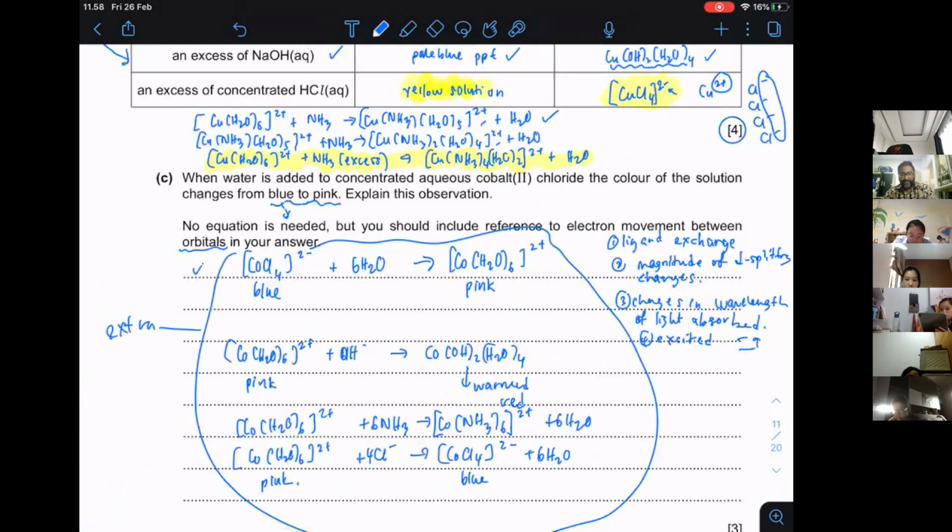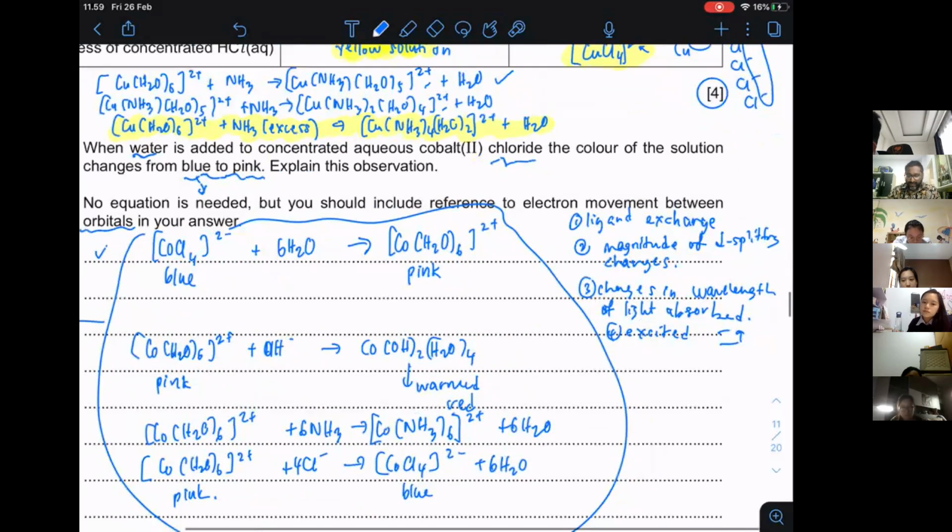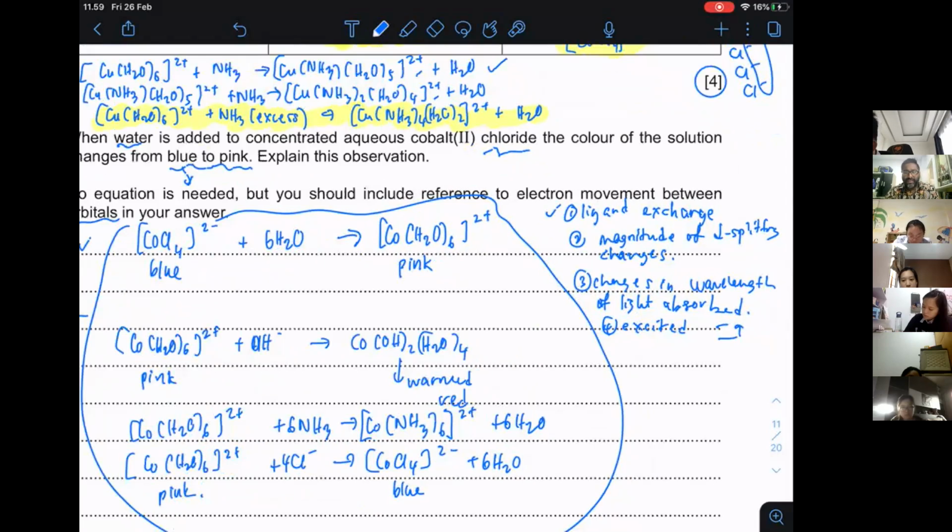Definitely there is going to be something to do with ligand exchange. What ligands are involved? Chloride, Cl minus, and then water. These are the two ligands involved, so there is a ligand exchange. Even before, the presence of ligands will create two sets of non-degenerate d orbitals.